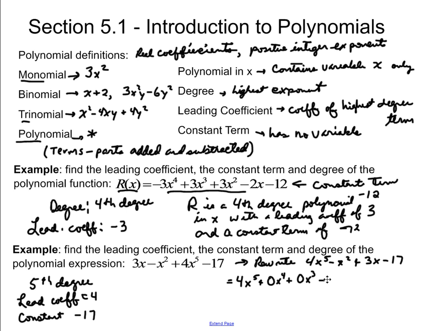We have a coefficient of -1 for our second degree term, plus 3x minus 17. So when we see missing terms, sometimes we can replace them with 0 terms.